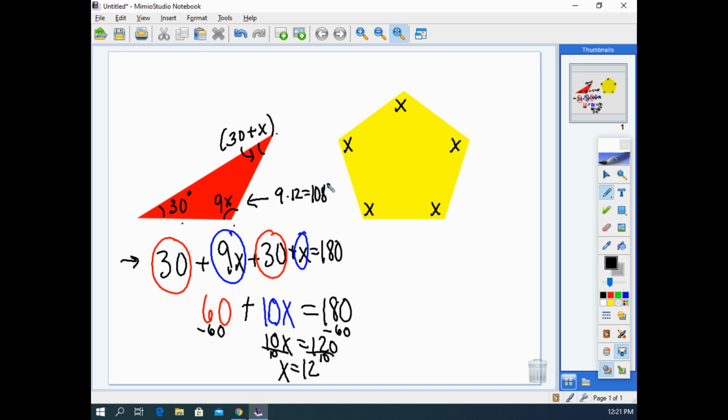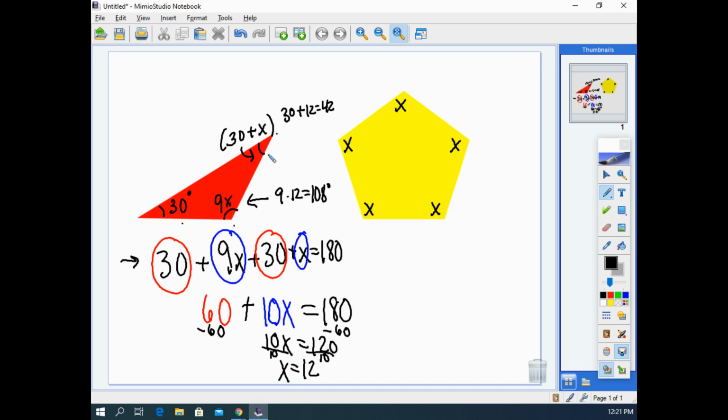Then up here, in this angle, it's 30 plus x. So I need to do 30 plus my x value, which happens to be now 12, so it equals 42. So this angle measurement is 42, this angle measurement is 108 degrees.